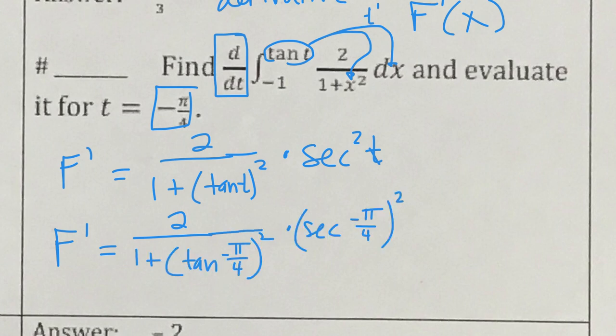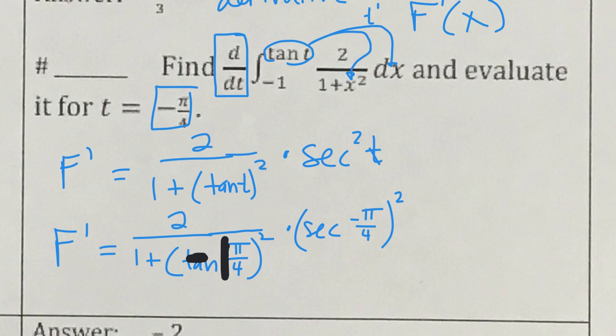So this is what happens when you plug everything in. So now let's turn on our trigonometry brains and figure all this stuff out. Okay, so what is the tangent at negative pi over 4? That's in the fourth quadrant, so the tan of negative pi over 4 is negative 1.